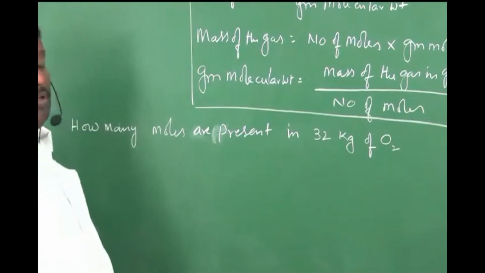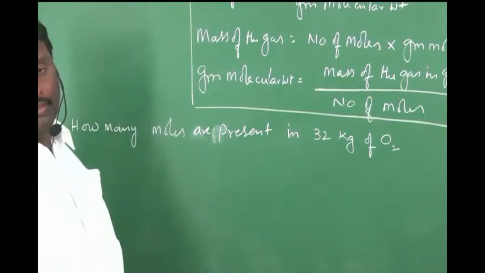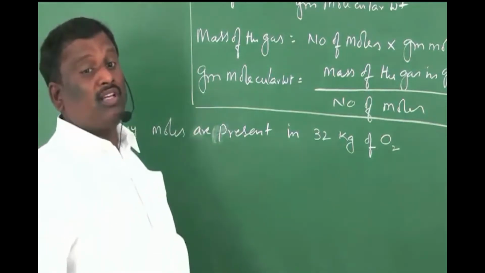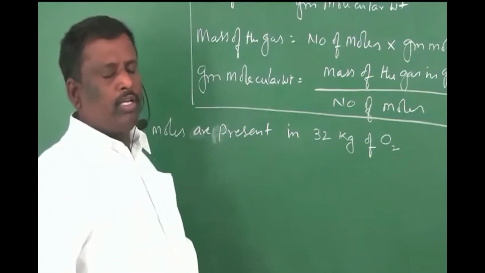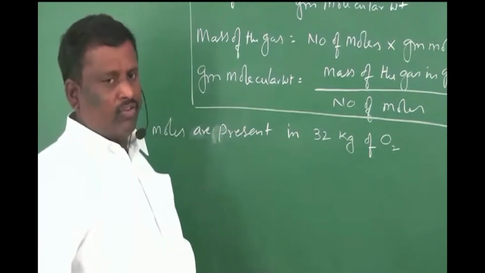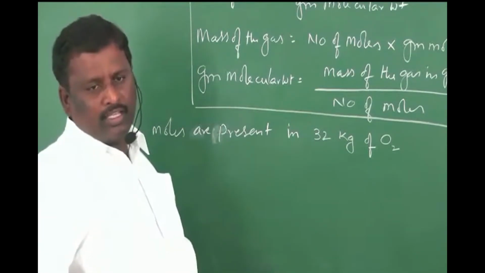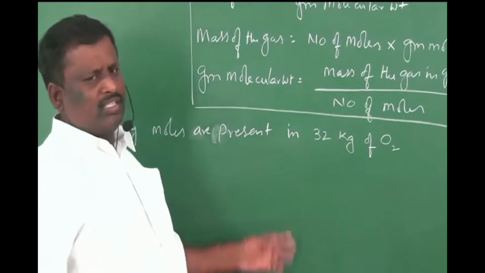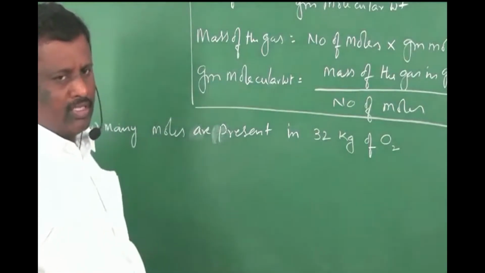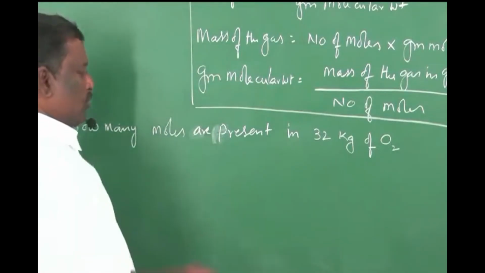Now, in this problem, they are asking the number of moles of oxygen. So, in any problem, I have already mentioned to you: if it is a familiar thing, they won't give you the molecular weight. If it is a new compound, then they will give you the atomic weights or more directly the molecular weights. So, since it is oxygen, you won't expect the molecular weight because you know it.